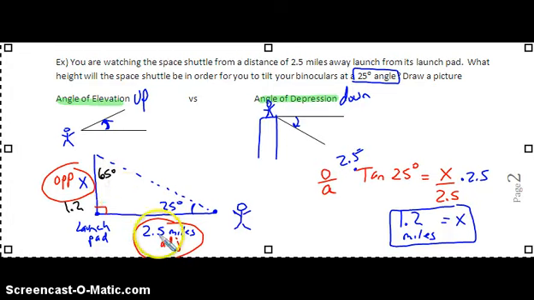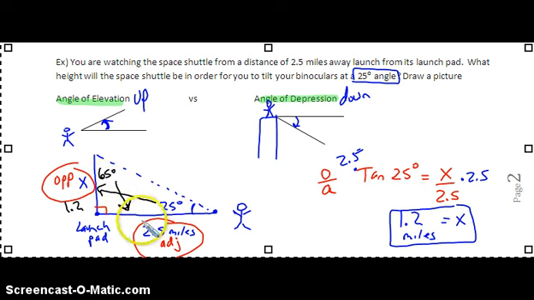So because this side here is across from a 65-degree angle, and it's 2.5 miles, it has to be larger than the side that is across from the 25-degree angle. So if I came up with a number that's bigger than 2.5 miles, well, I know that answer can't be correct, because if this is the smallest angle in my triangle, this has to be the smallest side. So it can't be bigger than this side of the triangle.